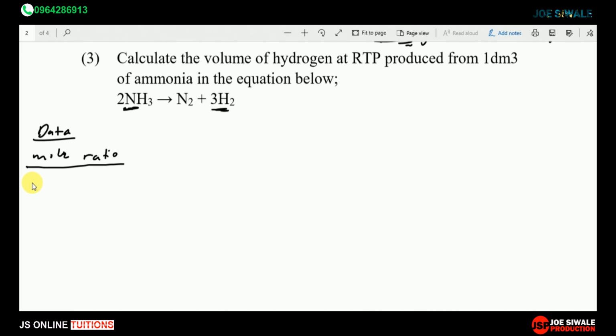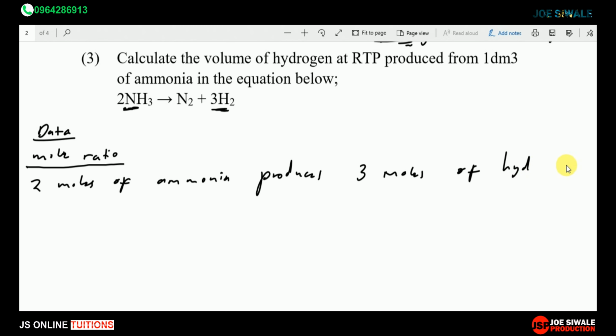So we'll say 2 moles of ammonia produces 3 moles of hydrogen gas.